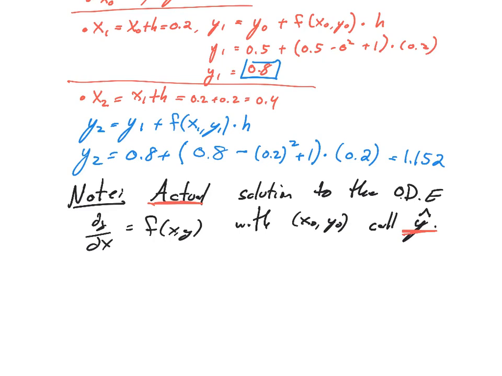What this is saying is y hat at this point here, 0.4, is approximately this guy right here, this answer here. So I'm looking at these two values there.